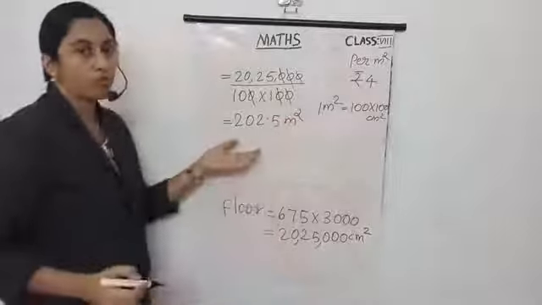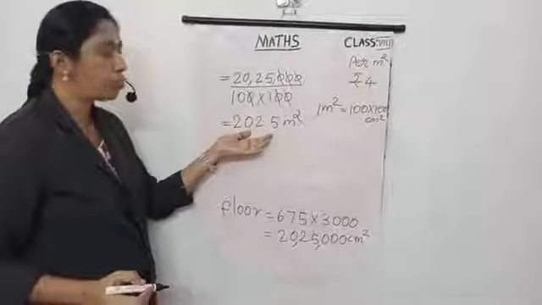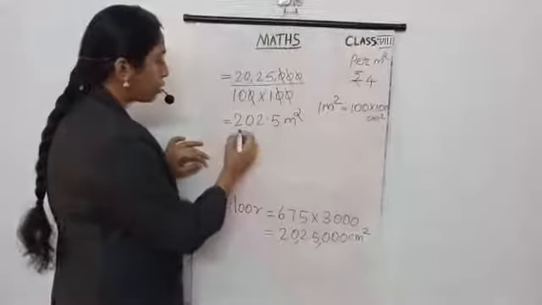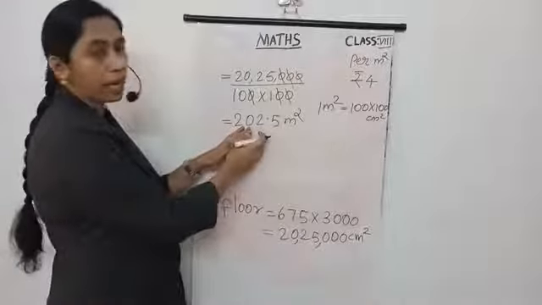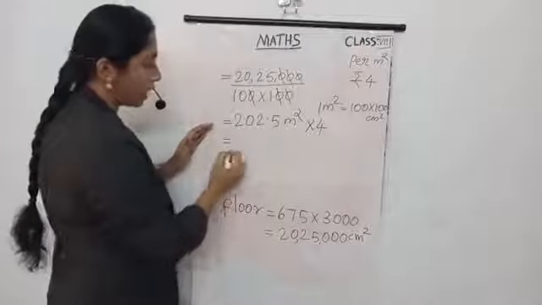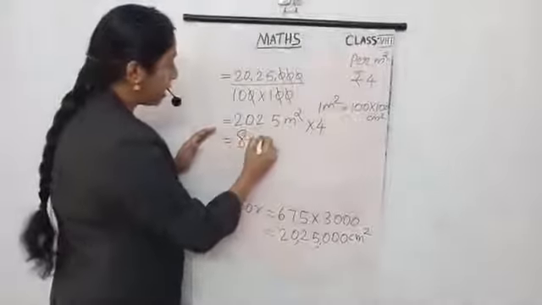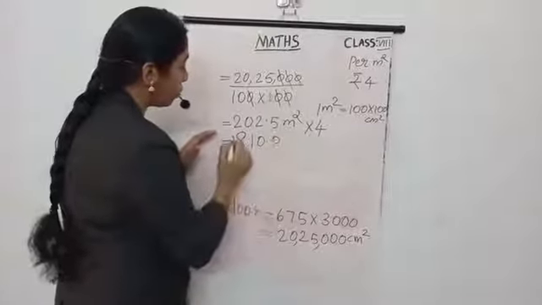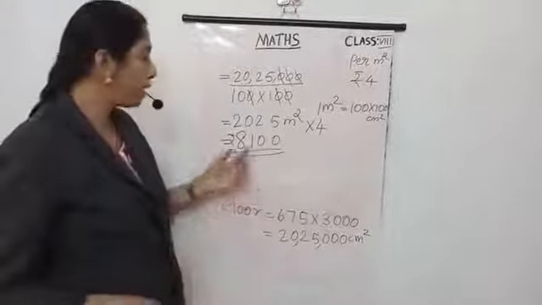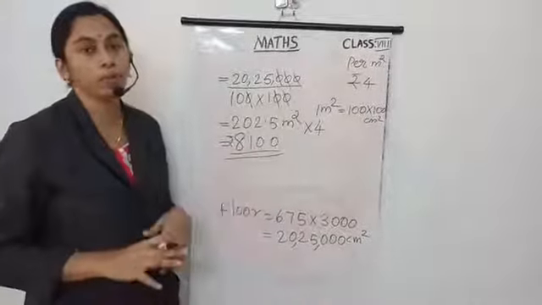So area of the floor is 202.5 meter square. Now find total cost. We need to multiply area of floor with 4. After multiplication we get 810.0 rupees. So total cost for polishing the floor is 810 rupees only.